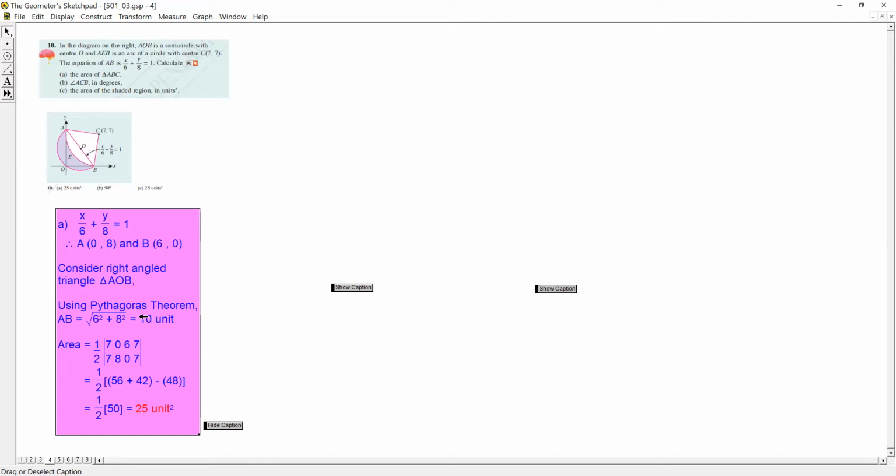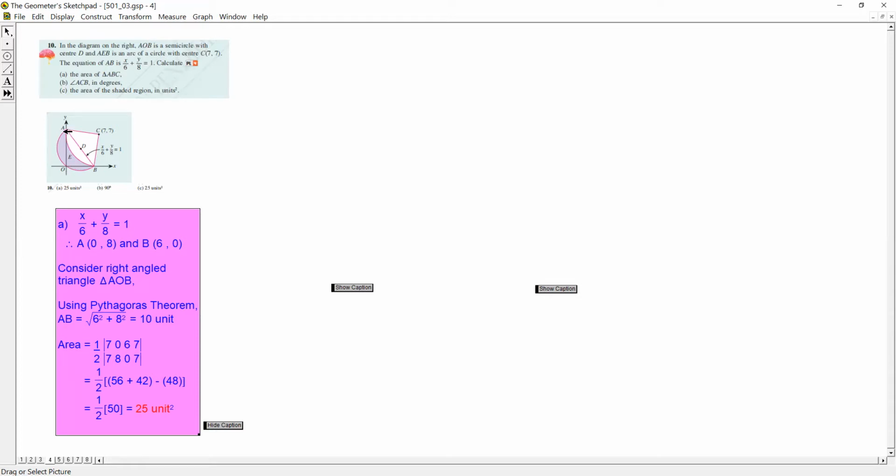Now consider this right angle triangle AOB. I want to find the area of this triangle AOB, which is bounded by the x-axis, the y-axis, and the equation of the line. First of all, I know this is 8, this is 6.